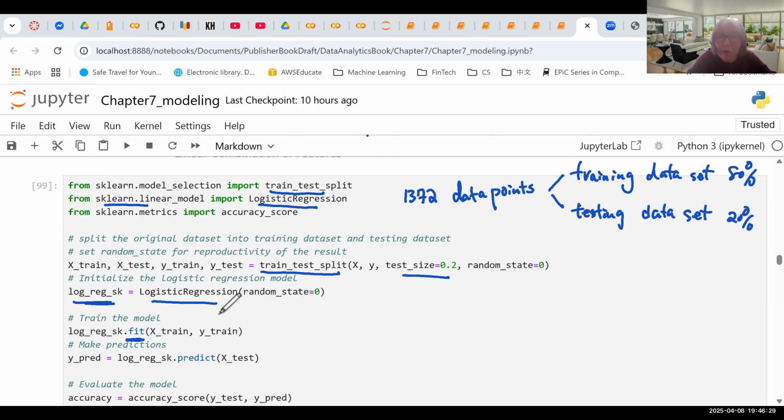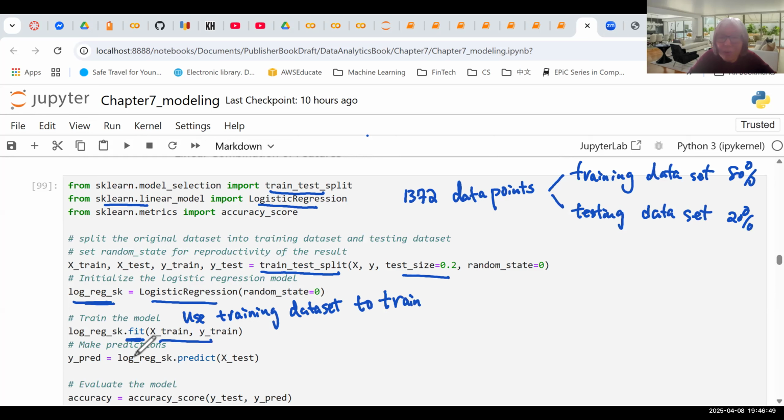When you train the model, you use the training data. So be careful, use the training data set to train the model.